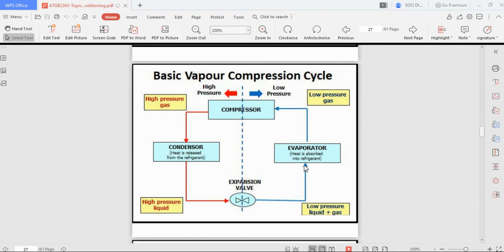So this is a low cooling point gas. Once it goes through the evaporator, you go to the compressor. So this is a cycle. You go from high pressure, to release the heat, to low pressure, where you want to absorb the heat.